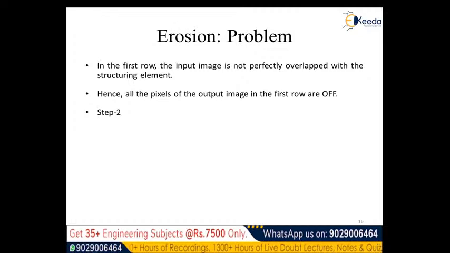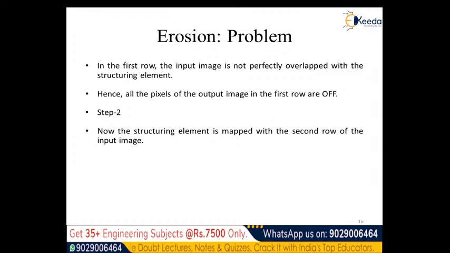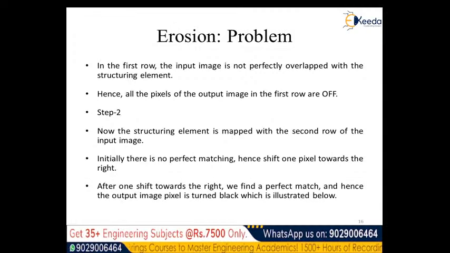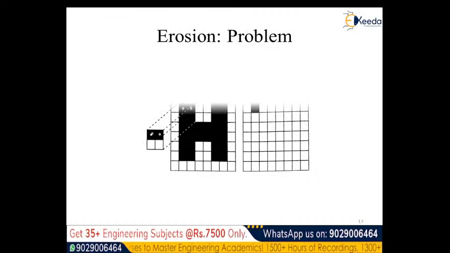In step 2, the structuring element is mapped with the second row of the input image. Initially we find no perfect matching, so we shift one pixel towards the right hand side, and after one shift to the right we find a perfect match, and hence the output image pixel is turned black, which is illustrated in the next visualization.